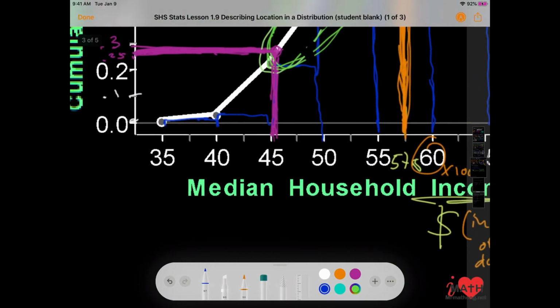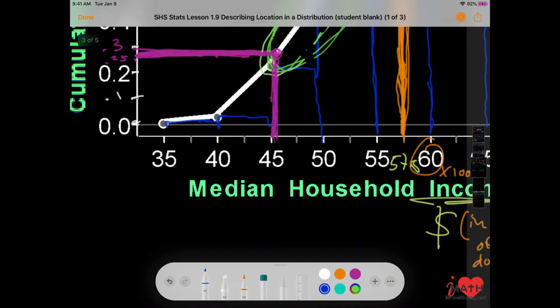Okay, so previously we did make a cumulative relative frequency histogram. So you'll notice that it's at these dots, and that's the bin, right? And then here, and then coming up to about there. Remember, histograms are touching.